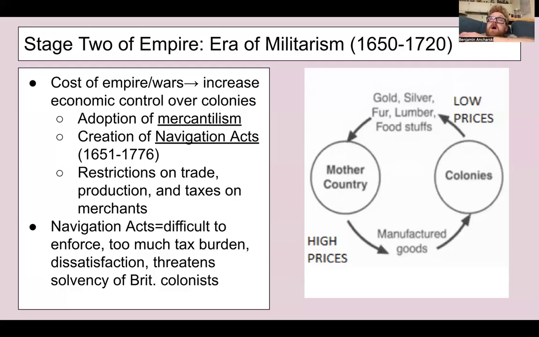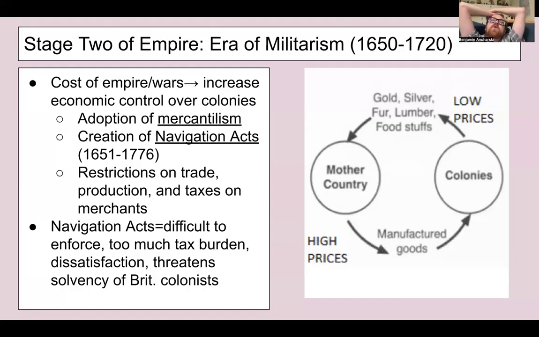The colonies are not allowed to produce manufactured products. They are only permitted to buy from places like England, only permitted to purchase manufactured goods made by the English themselves. We also see that under mercantilism there is this idea of making a closed loop connection between the mother country, in our case England, and the colonies.